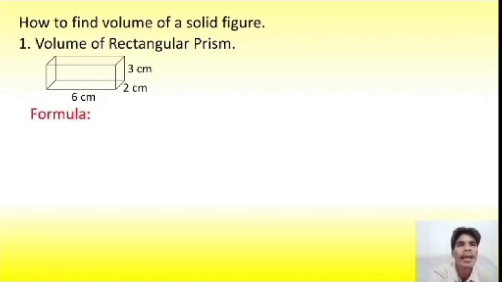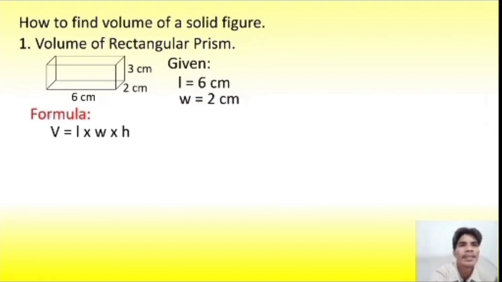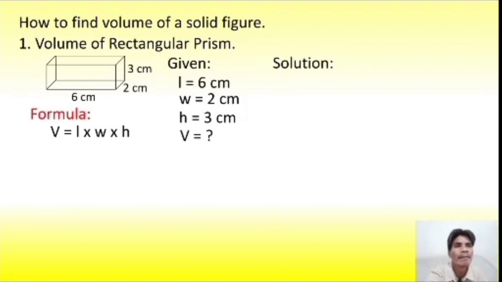So formula, we have volume equals length times width times height. Then given, the length is 6 cm, the width is 2 cm, and the height is 3 cm, and the volume is question mark.